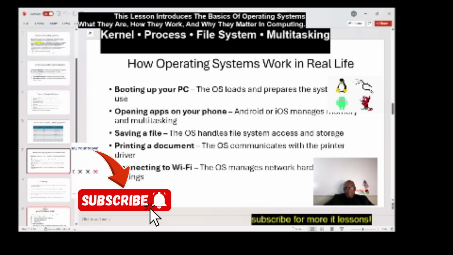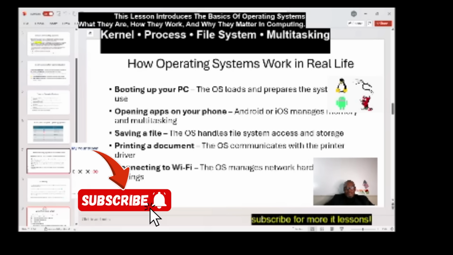And in this chip, there is a software that is embedded called the firmware. It is responsible for booting up your computer. It is also responsible for opening apps on your phone, saving a file, printing a document, and connecting to Wi-Fi.